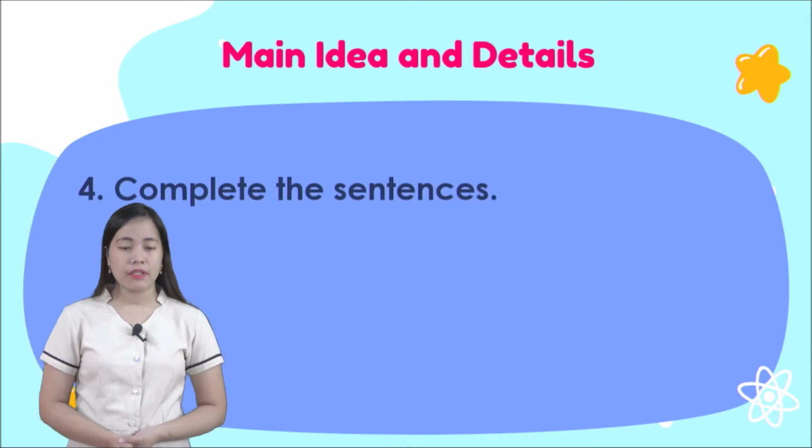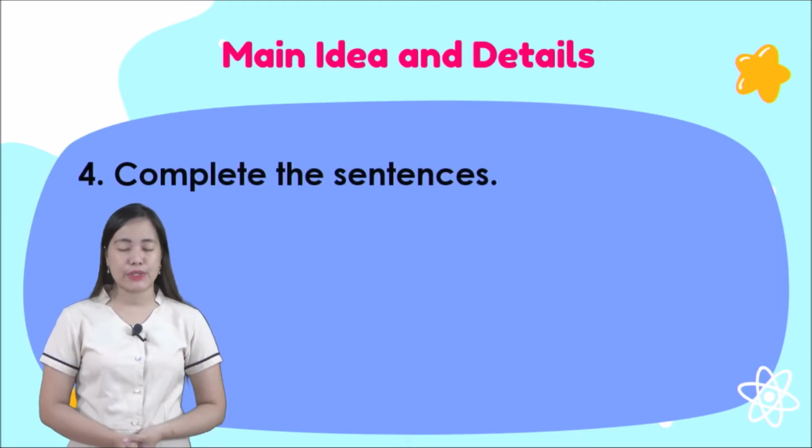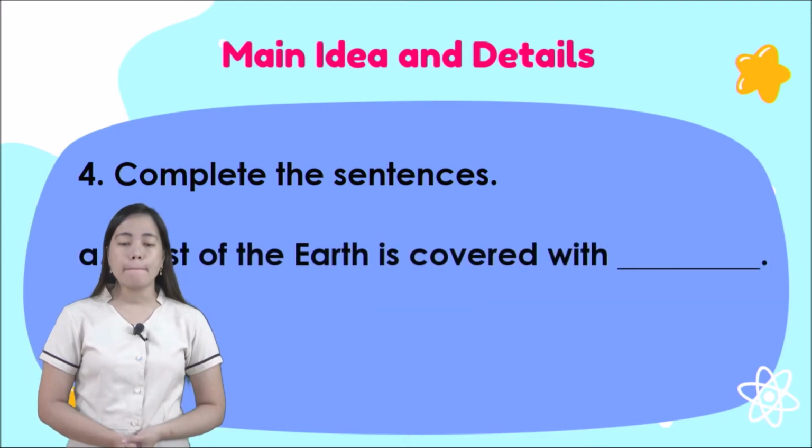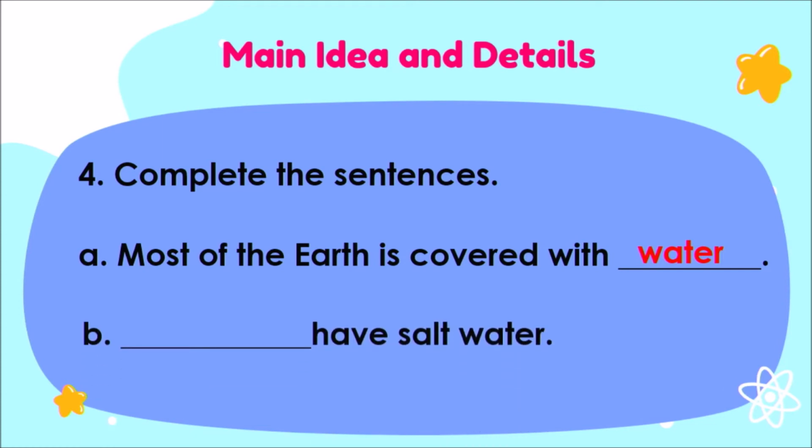Next one. Number 4, you need to complete the sentences. For the letter A, most of the earth is covered with what? Very good. Covered with water. Then, letter B, blank have salt water. What's the answer? Oceans. Okay, oceans have salt water.